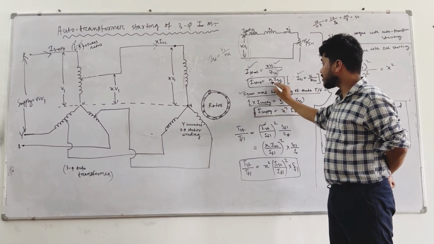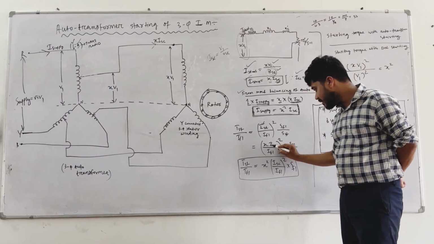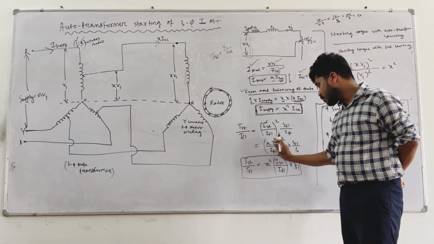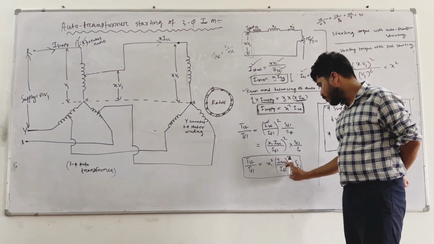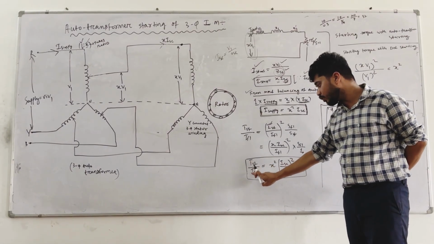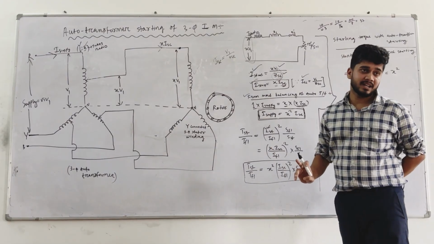Starting current is X times ISC. So I can replace the starting current by X into ISC divided by full load current, whole square. So that X square goes out and it is ISC by IFL whole square into SFL. This is the ratio of starting torque to full load torque in case of auto transformer starting.